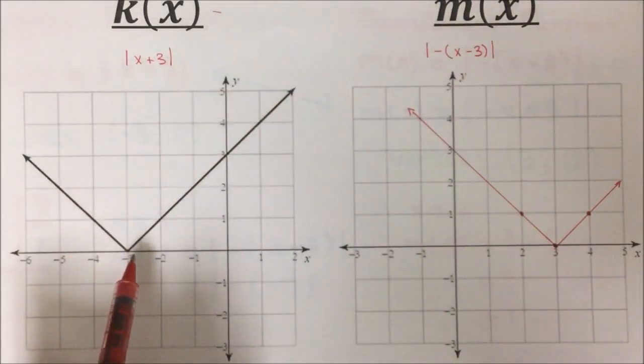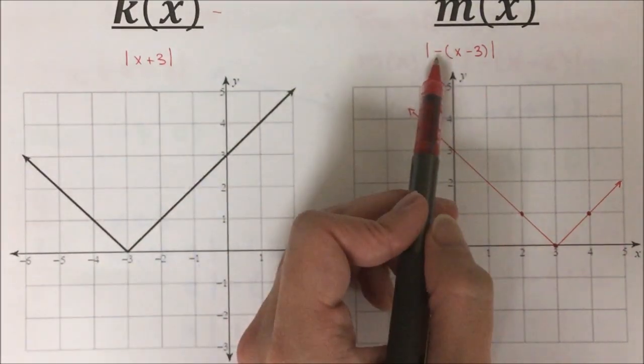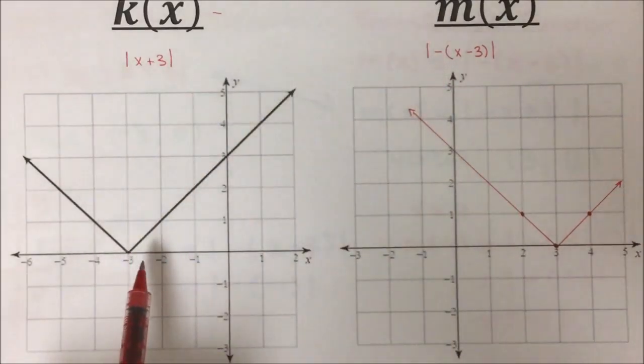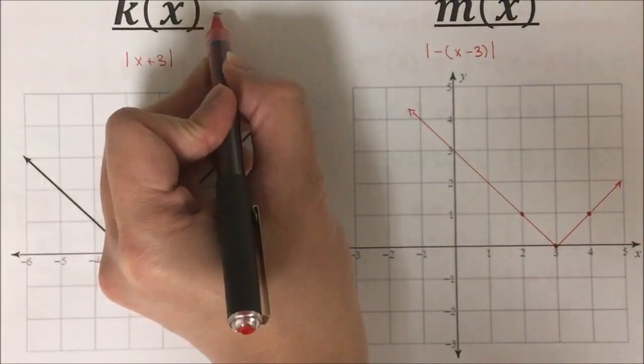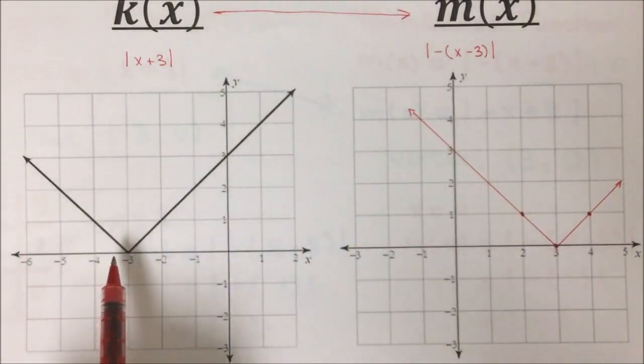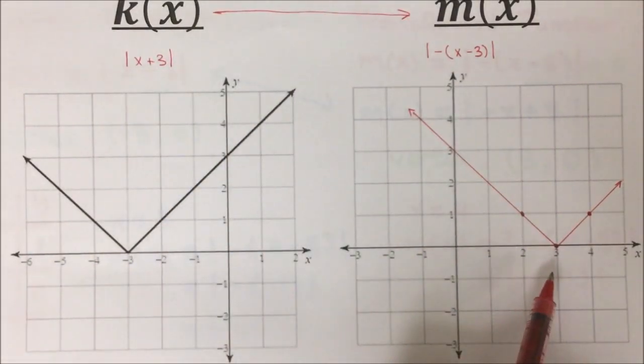So the only difference between these two functions is because of that negative. So, since the negative is inside, if we look at the transformation from k of x to m of x, we see that it didn't really translate it units to where the vertex is at 3, 0.